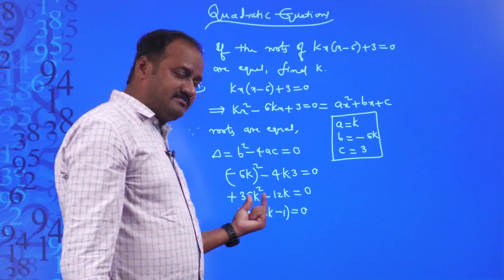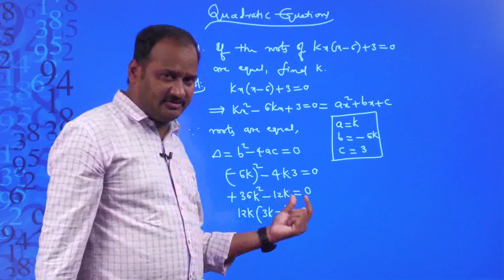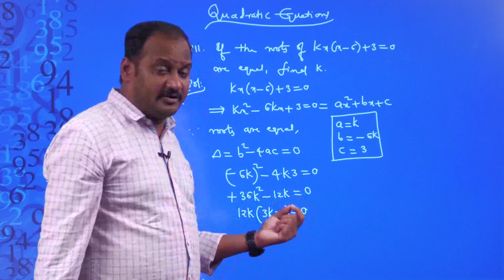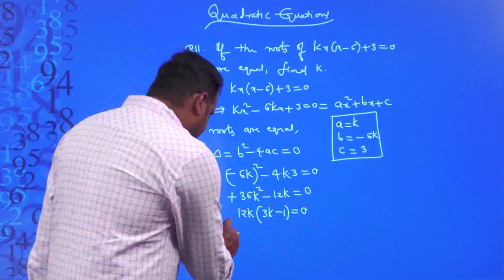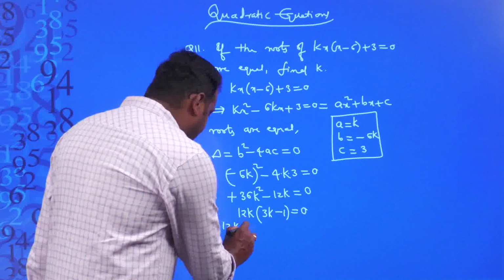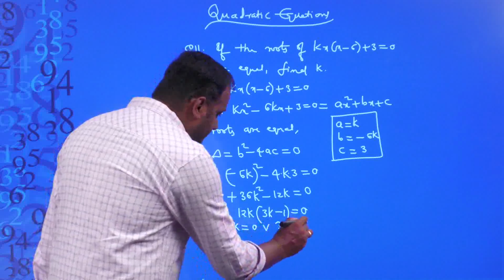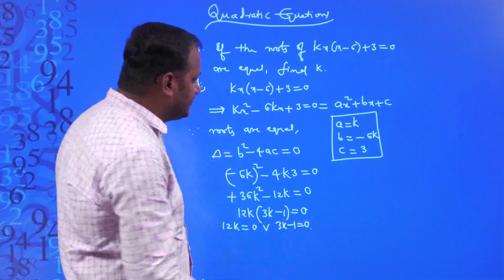See here, 12k multiplied by 3k minus 1 is equal to 0, means what? The product of two terms is equal to 0. When the product of two terms is equal to 0, either the first term is equal to 0 or the second term, 3k minus 1, is equal to 0.